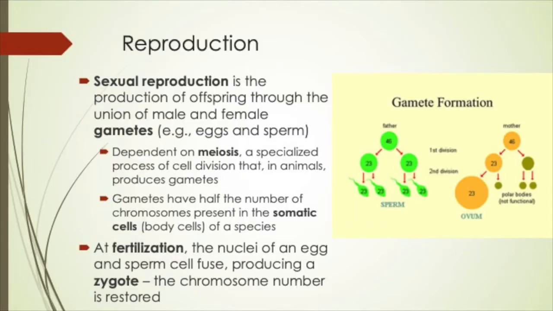So in meiosis, the cells are duplicating basically through the process of producing gametes. Okay, we all know gametes are the eggs and sperm. So we have the males produce sperm and females produce eggs, right?